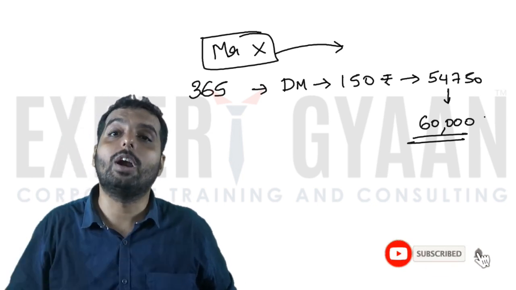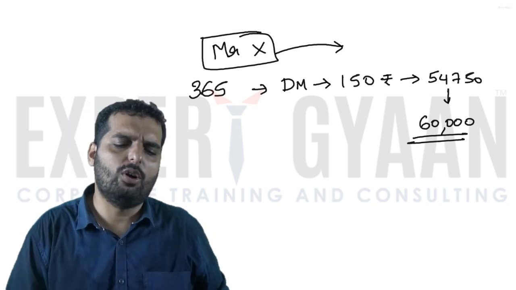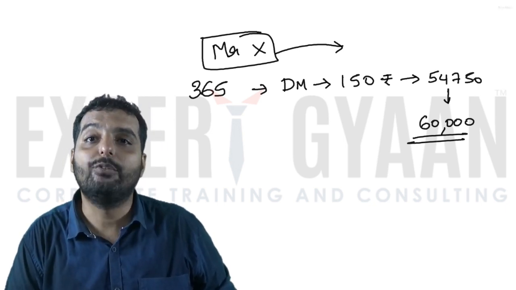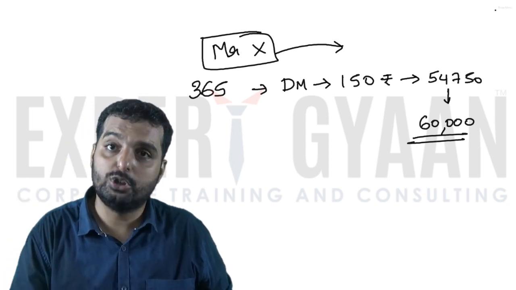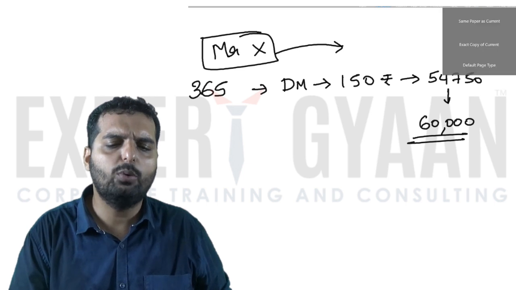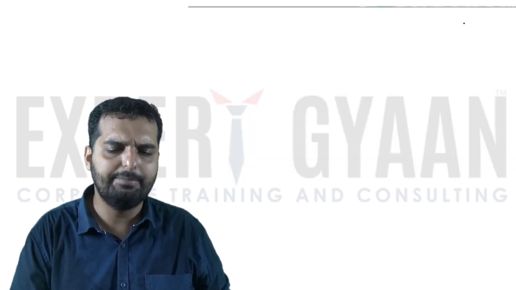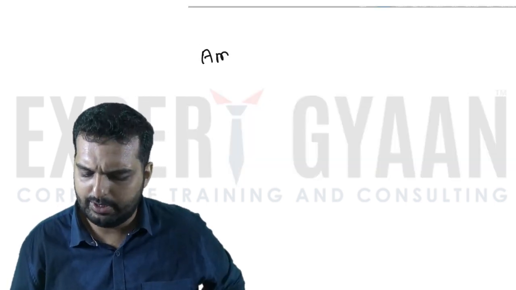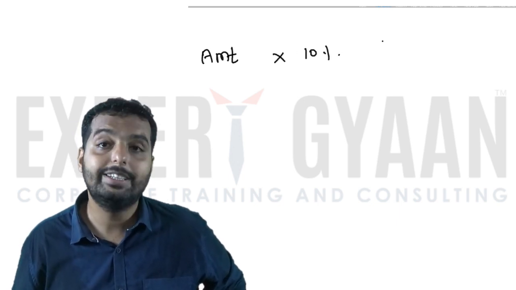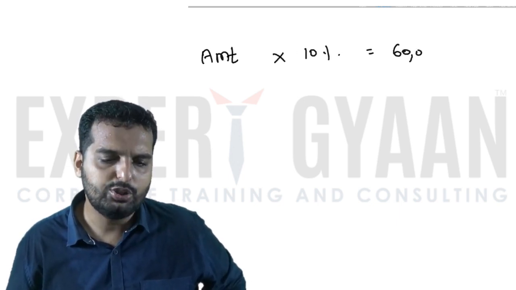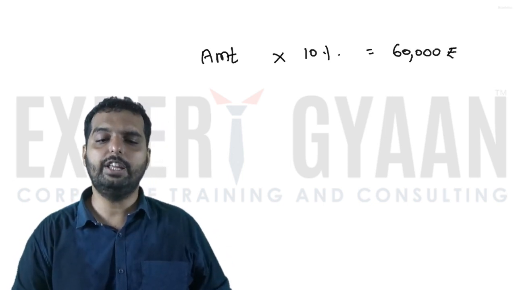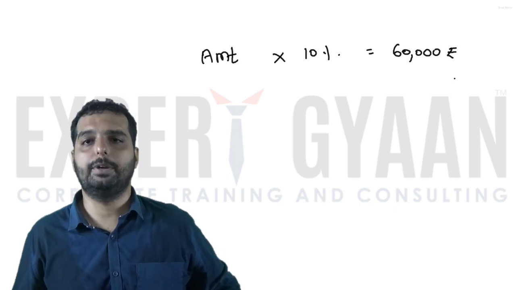Finally, he came up with a wonderful idea. He thought, I need to generate cash flows of 60,000 every year towards perpetuity. So if I deposit a particular sum of money in the bank today at the rate of 10%, I should be getting 60,000 rupees every year towards perpetuity.